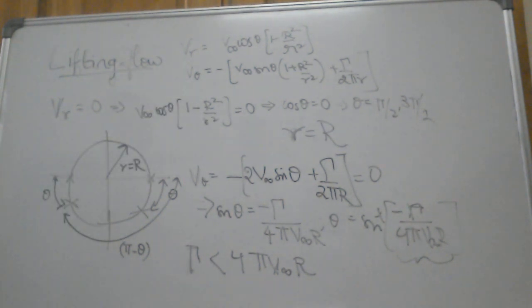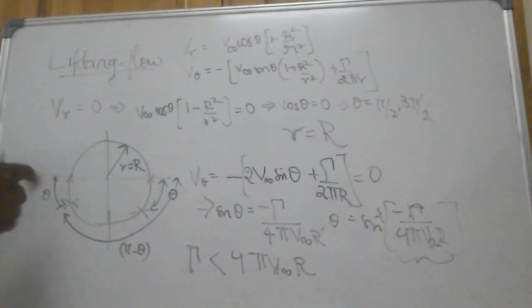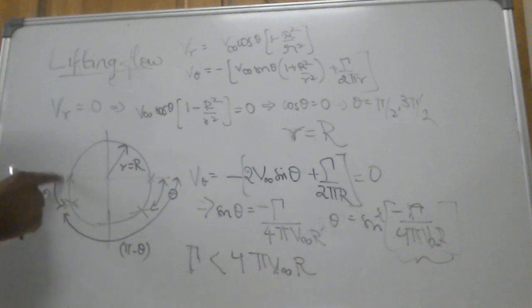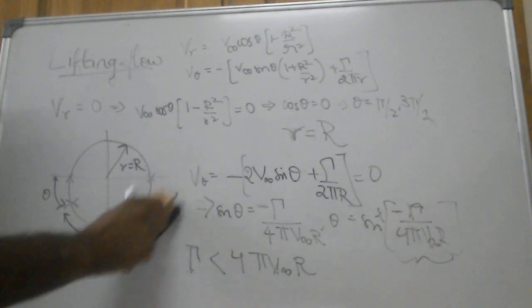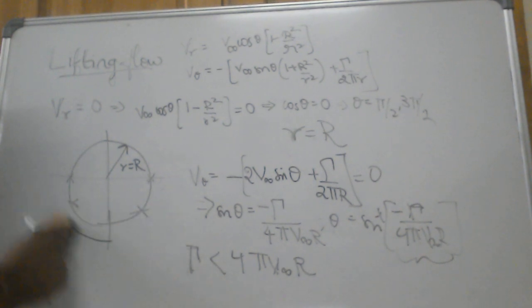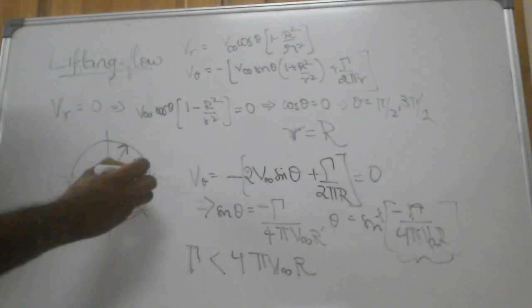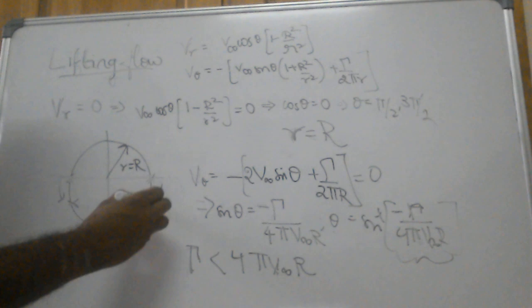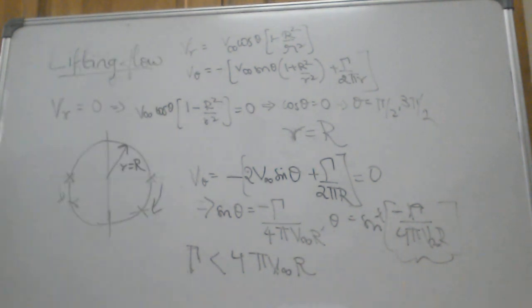In simple words, what I'm saying is when you have a positive circulation gamma, the stagnation points, which are at theta equal to 0 and pi when gamma is 0, start to move towards each other along the surface of the cylinder. This corresponds to gamma of 0, and these two stagnation points start moving downward towards each other.